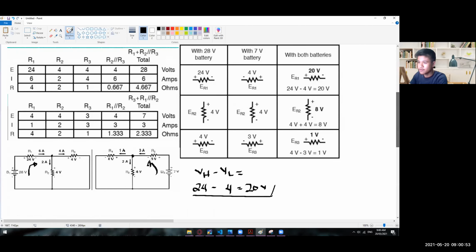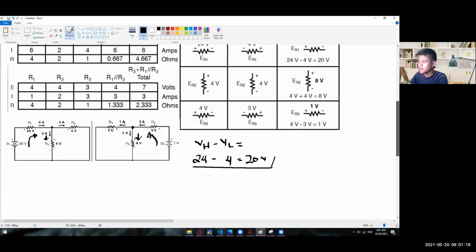But if you take a look at this one, for the R2, on the left side, we have this current flowing right here, and on the right side, we have this current flowing right here. So they have the same polarity. Positive, negative, positive, negative. From here, you could already see that they will be added with each other. So R2 plus R2.